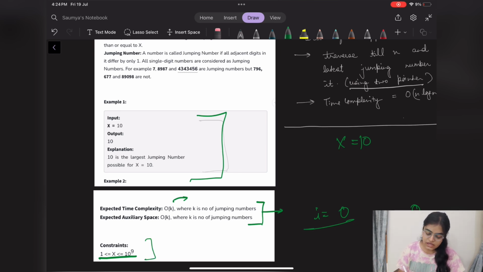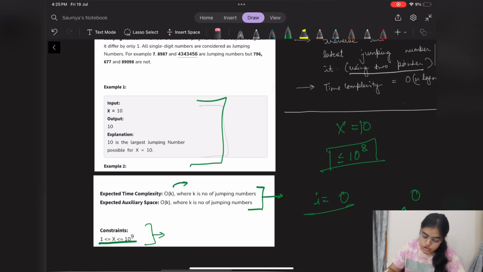Also, here in this question, the required time complexity was given directly. But sometimes we are just given constraints and not the time complexity. So always think that we have to solve a question whose time should take less than or equal to 10 to the power 8. Here x is less than or equal to 10 to the power 9.